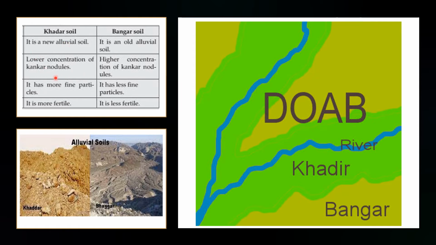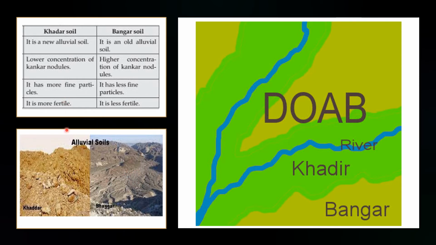The new alluvium or the Khaddar has a lower concentration of Kankar nodules, that is, nodules with calcium carbonates in the subsoil, while there is a lot of Kankar nodules or calcium carbonates in the old soil.